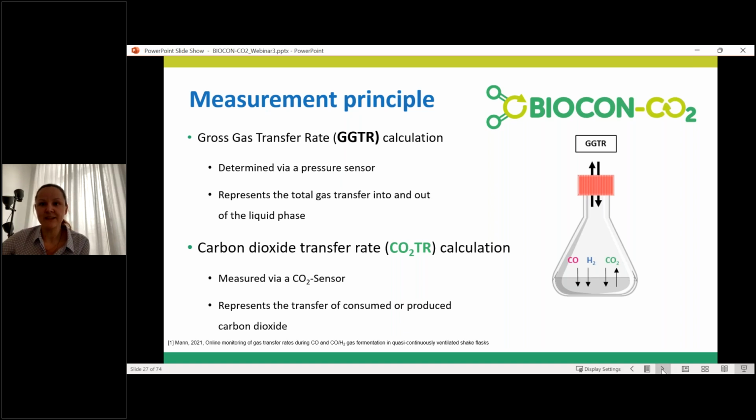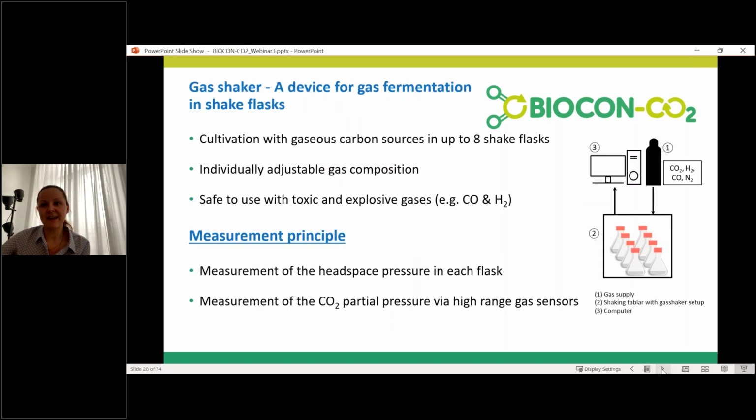Next slide, please. Overall, the gas shaker is a device for gas fermentation in shake flasks. With this device, we are able to simultaneously cultivate in up to 8 shake flasks with a gaseous carbon source. We can individually adjust the gas composition, and it's also safe to use with toxic gases like carbon monoxide and hydrogen, which are the relevant gases in this project.